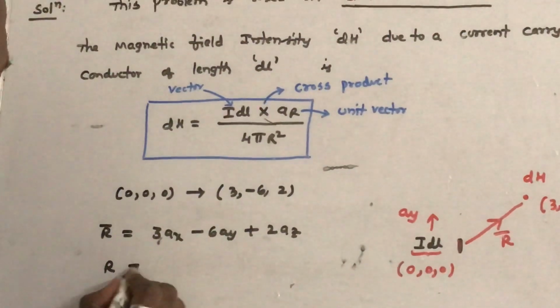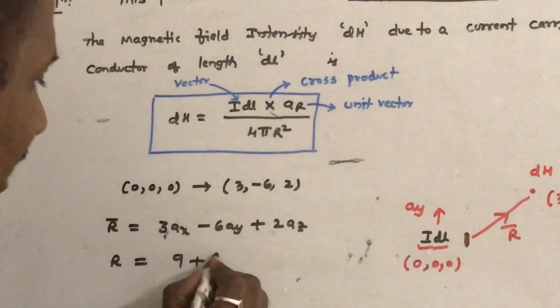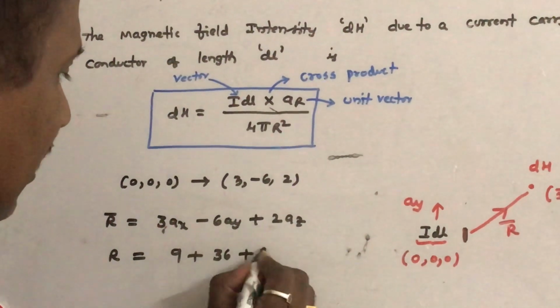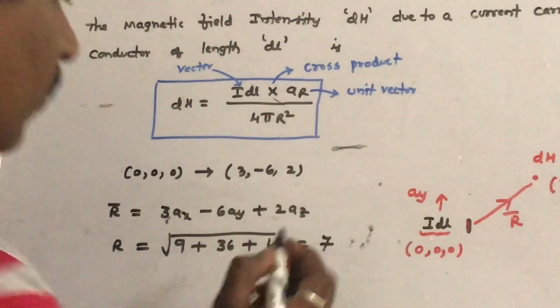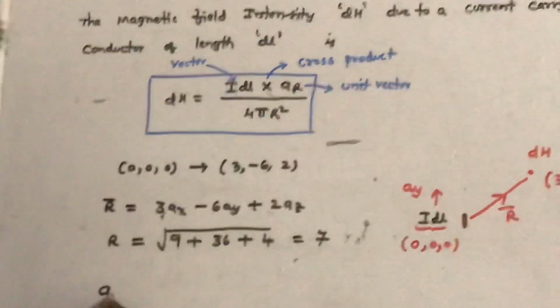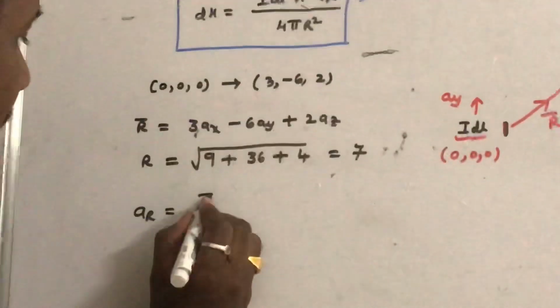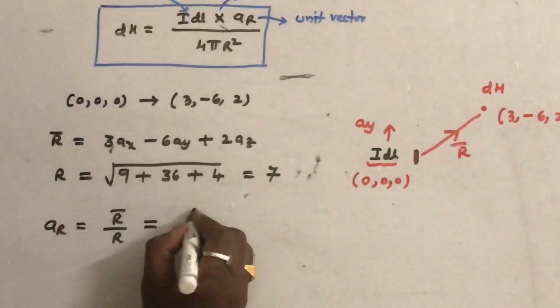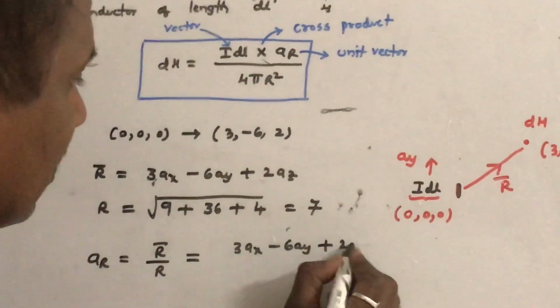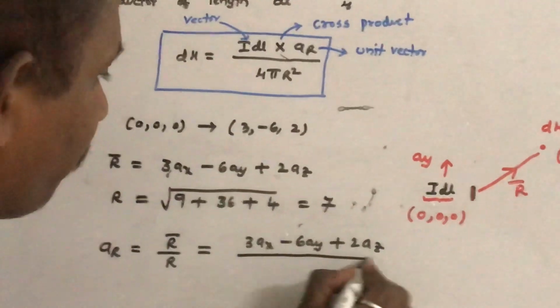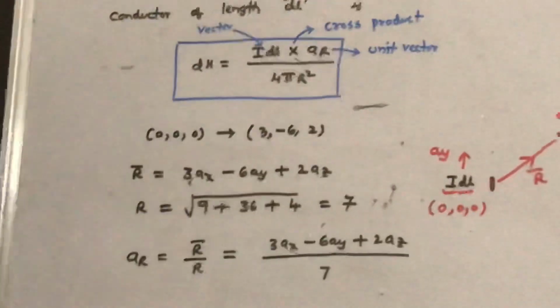The magnitude is the square root of 3 squared, 9, plus minus 6 squared, 36, plus 4, which comes out to 7. So what is the unit vector? a_R is nothing but R bar by R, which is given as (3a_x minus 6a_y plus 2a_z) by 7.